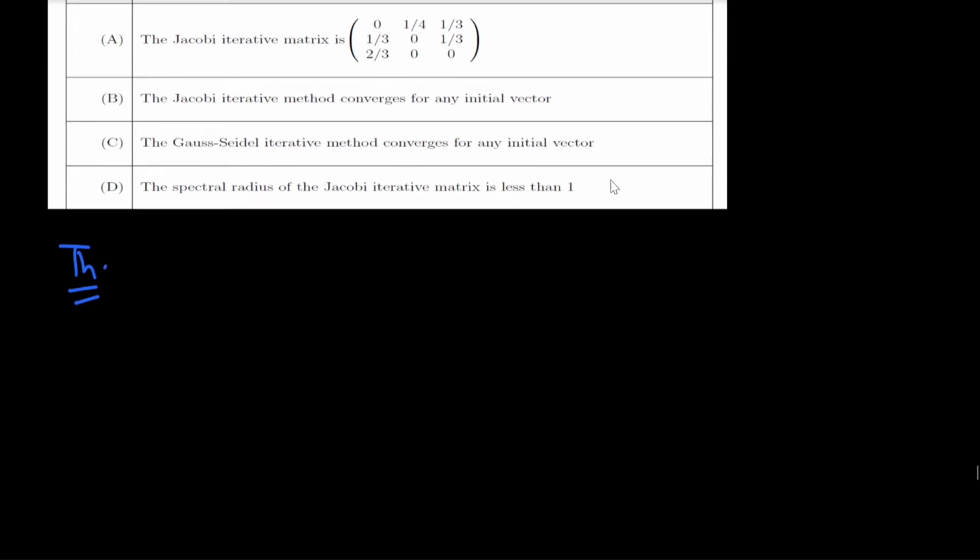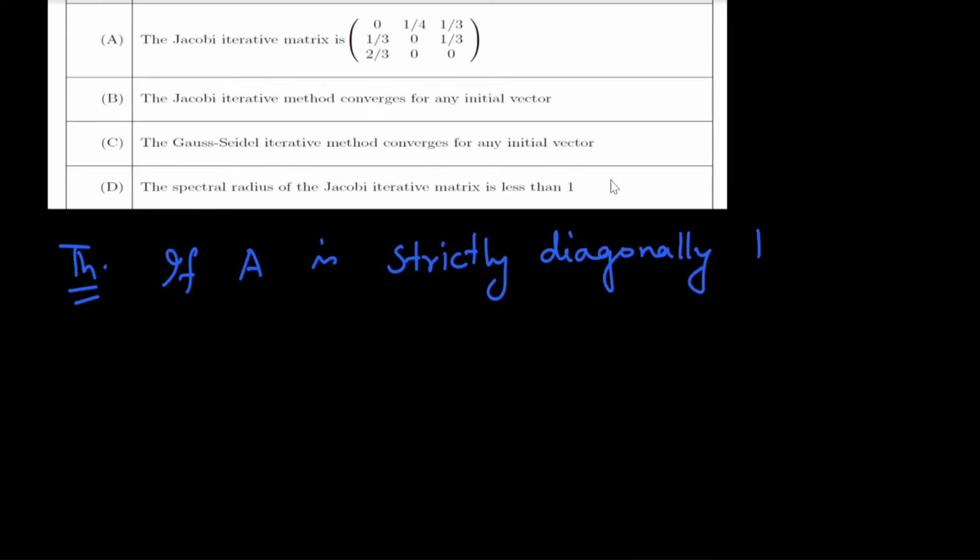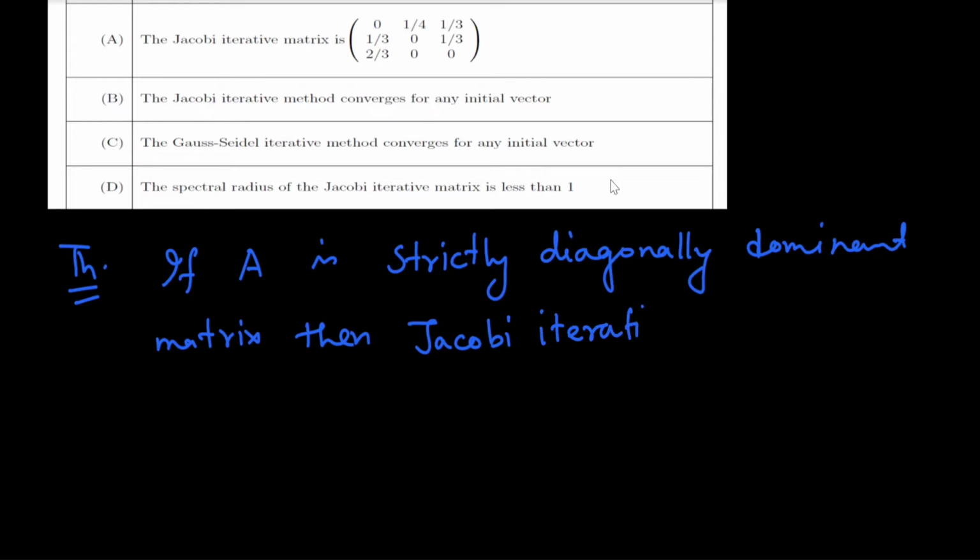Its theorem says that if A is a strictly diagonally dominant matrix, then the Jacobi iteration method is convergent.